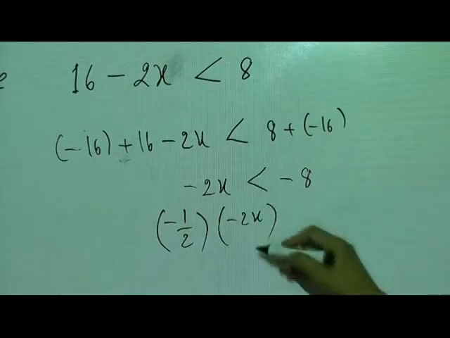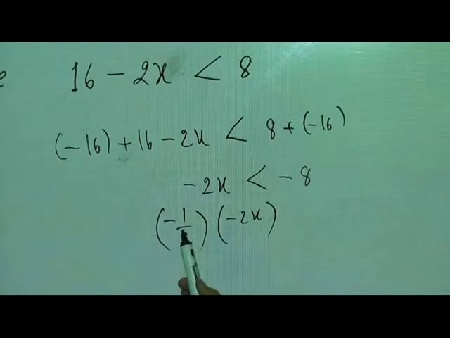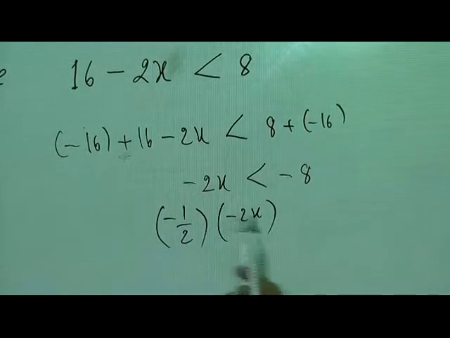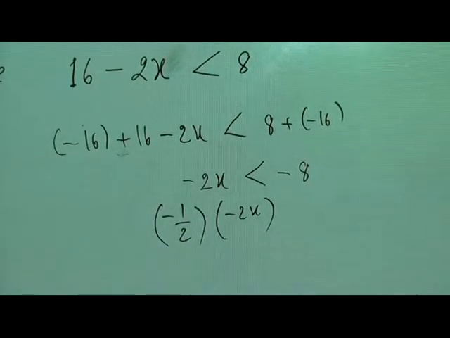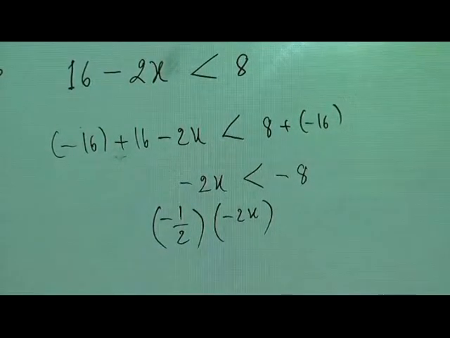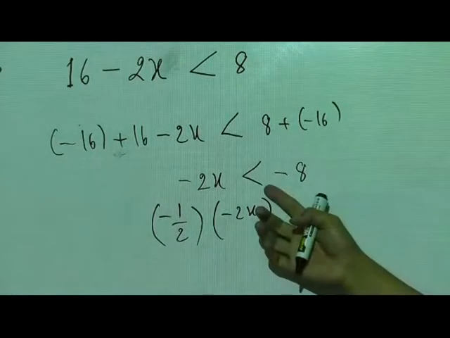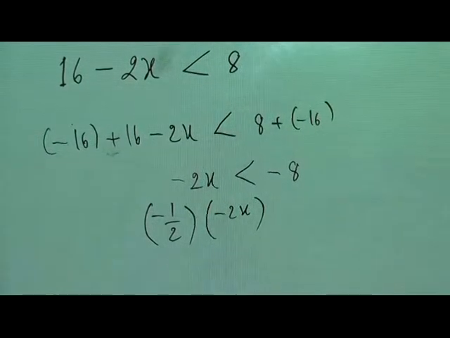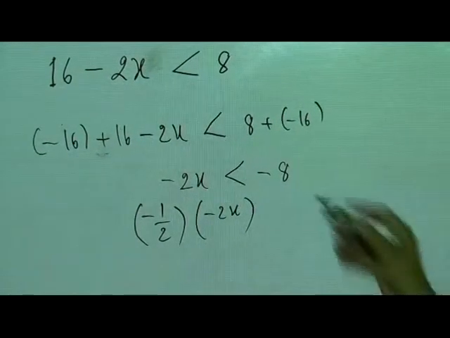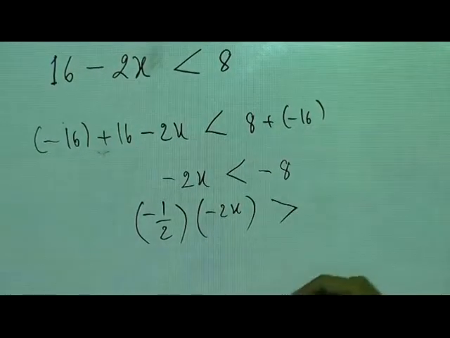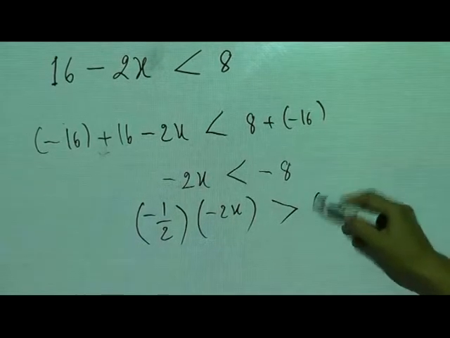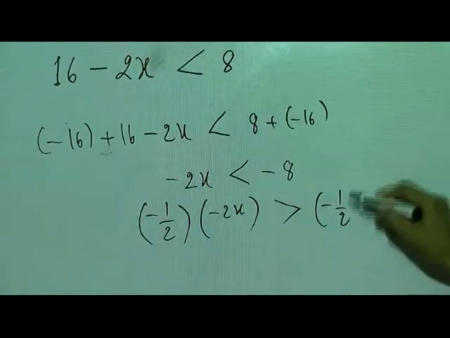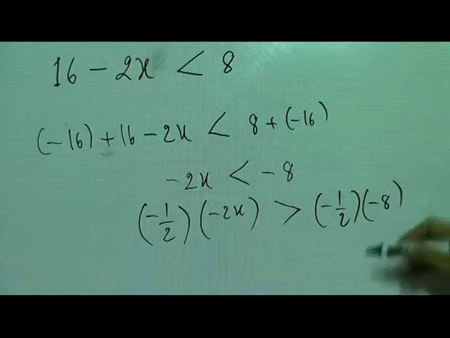From the property, it's important that if we multiply by a negative number, the sign of the inequality is reversed to the opposite direction. It means it's greater than negative 1 over 2 multiplied by 8.